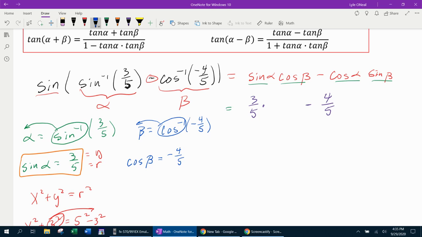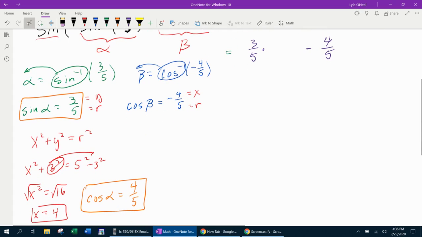Again, cosine is x over r. And then I can plug into Pythagorean theorem and find y. So that's going to be -4 squared plus y squared equals 5 squared. And if you're wondering about this negative, it always goes with the numerator only.